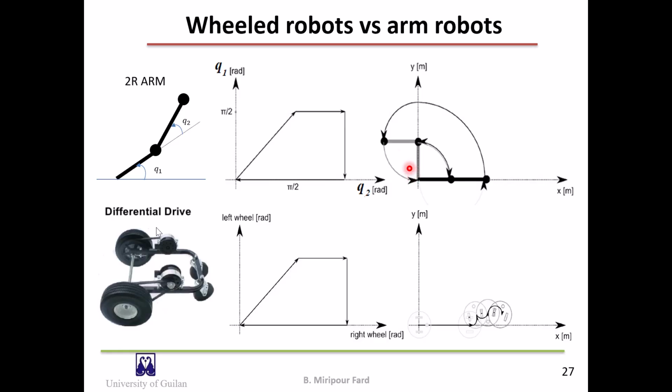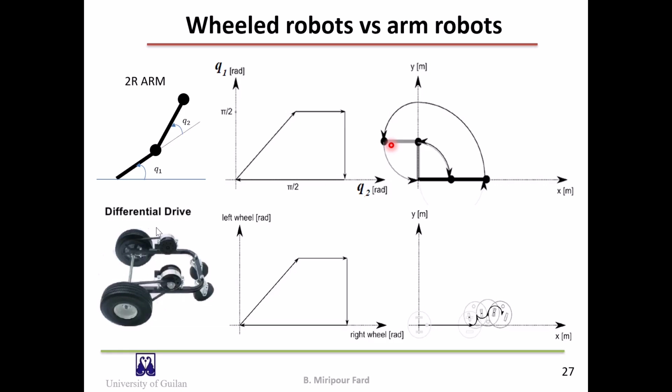Q1 and Q2 are initially 0, and in this configuration, the robot is completely horizontal. Then Q1 and Q2 both reach pi over 2, and we will have this configuration for the robot.